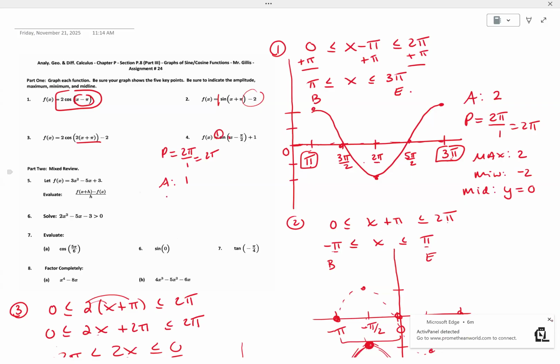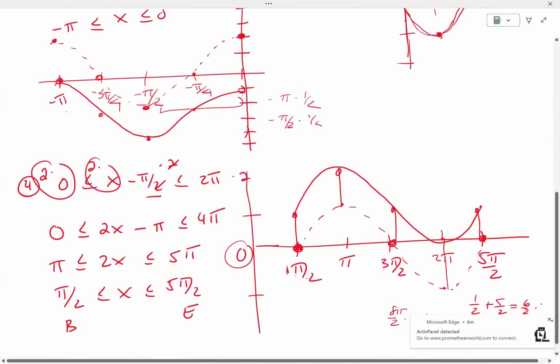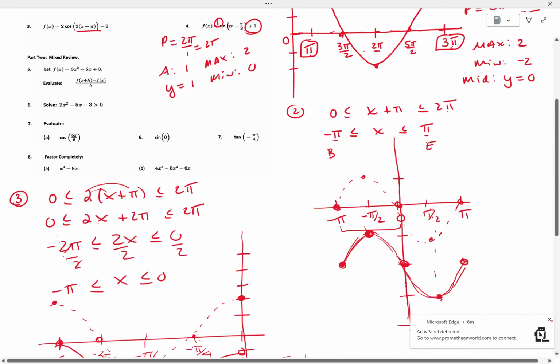It's this one. And the midline is y equals 1, which is the constant. And the max here, the highest y, is 2. And the min is 0. So if you come down here to the graph, the highest y is 2. And the lowest y there is 0. All right, and the rest are all old problems if you want to stay tuned.